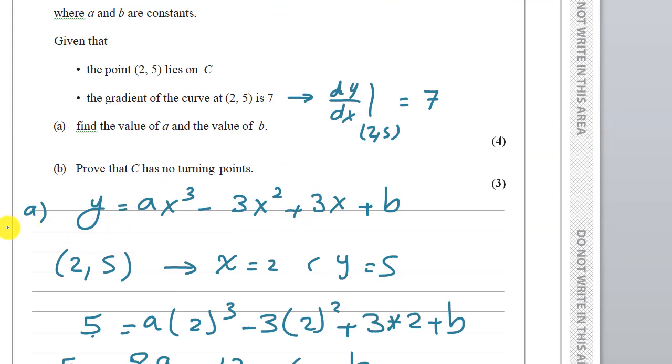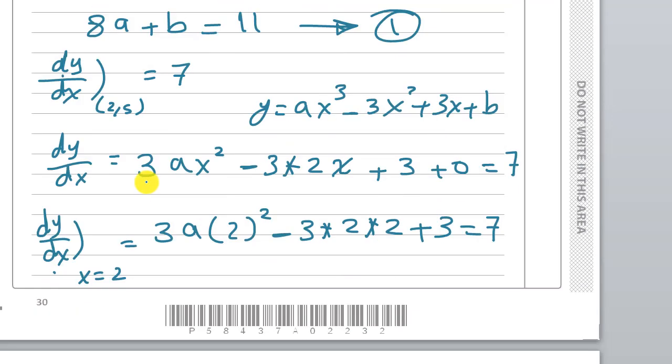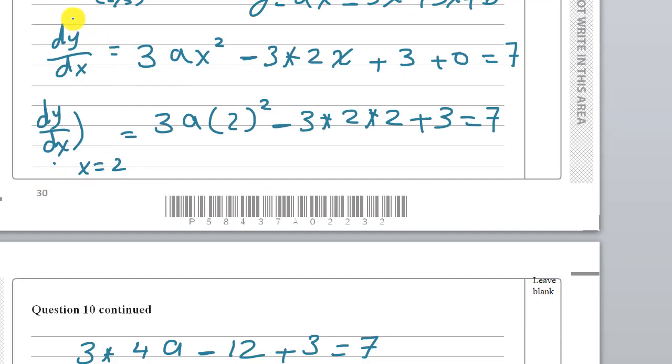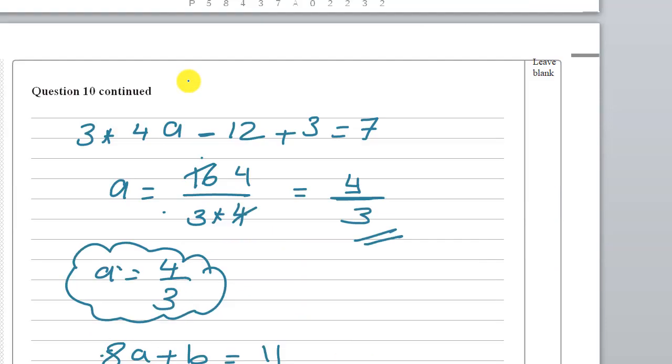The last part of this exam proves that C has no turning point. No turning point, so when I make dy by dx equal to 0, there is no real root, there is no value of x. So let us start.